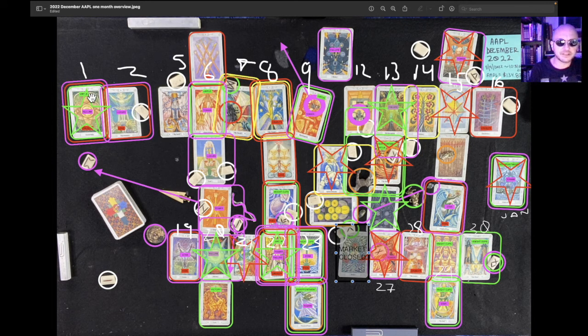I'm advised to follow my intuition there on the first, and it looks like there's something out of our control, something that's beyond our control that affected the market in such a way that we declined today, or I should say on the first.